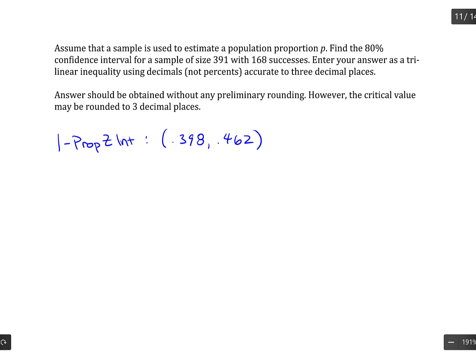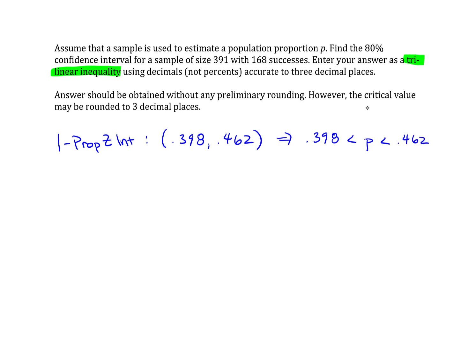Okay, but it did say to express the answer as a trinomial inequality. So as a trinomial inequality using decimals and not percents, the way we write it is 0.398 is less than p is less than 0.462.